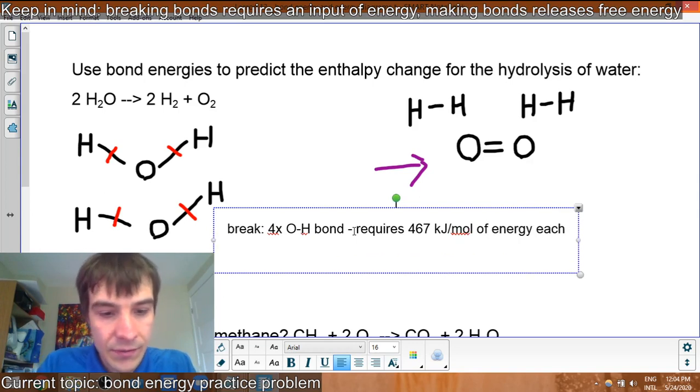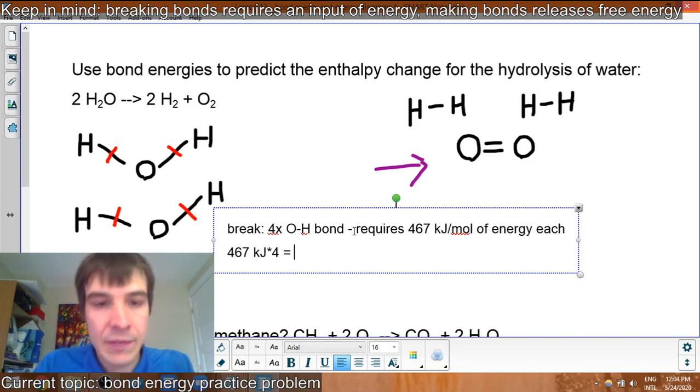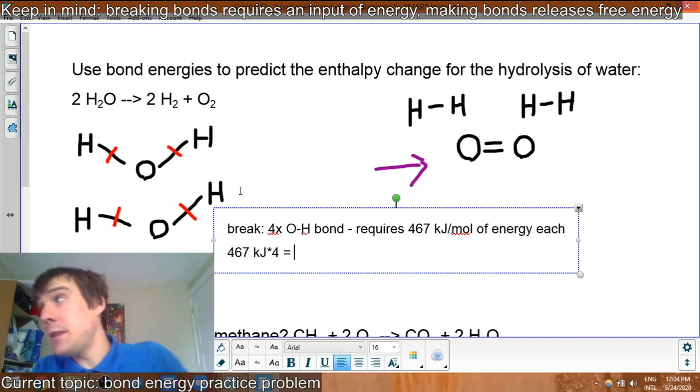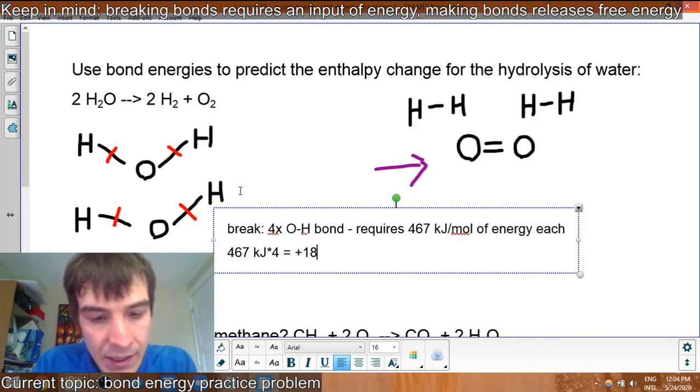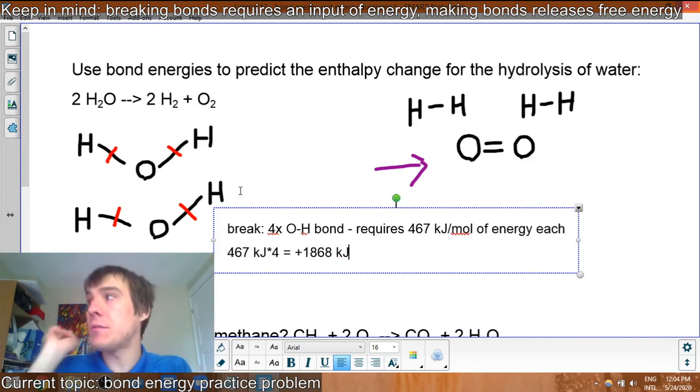So total is 467 kilojoules times 4 because we're breaking 4 bonds. 467 times 4 is 1868. So plus 1868 kilojoules, because that's the energy we're putting in, right?